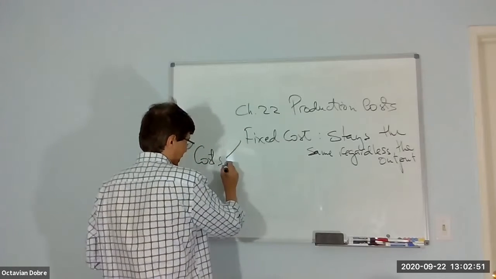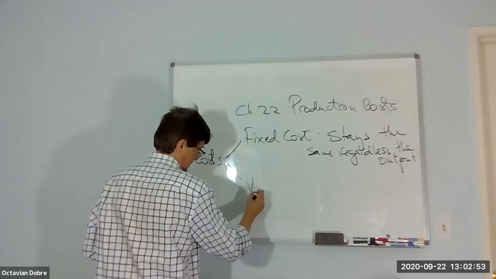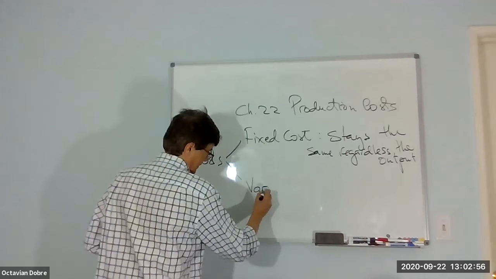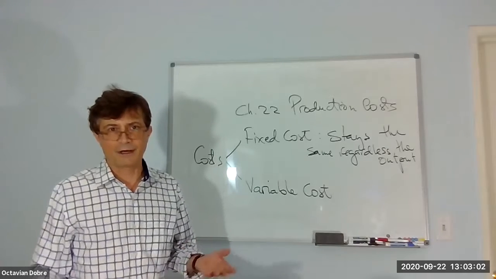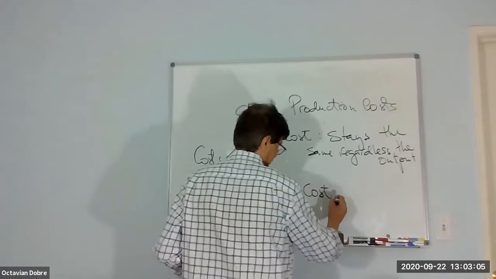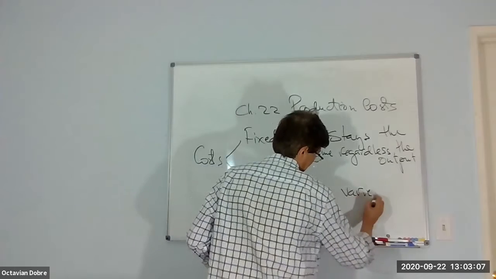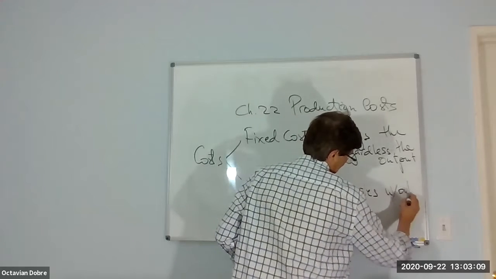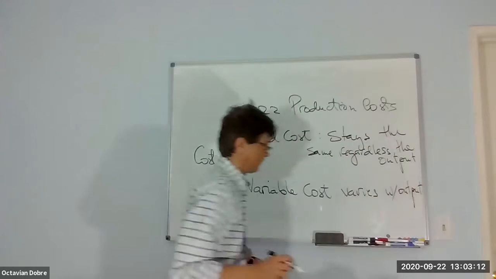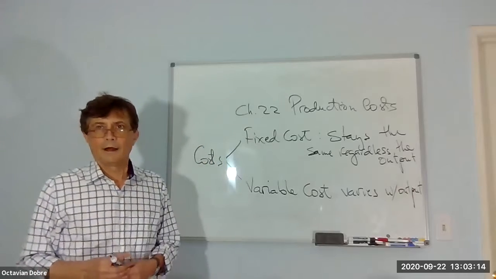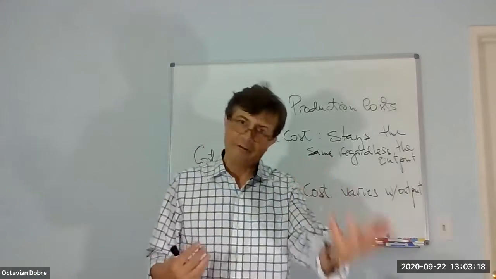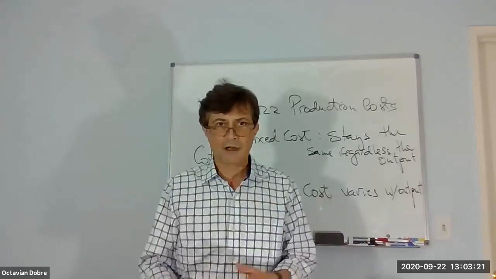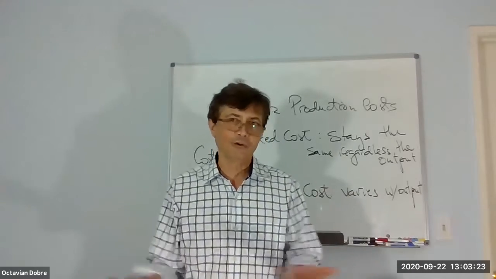And then we also have variable cost. Obviously, variable cost is going to vary with output. And if we add the fixed cost and the variable cost together, we're going to come up with something called total cost.